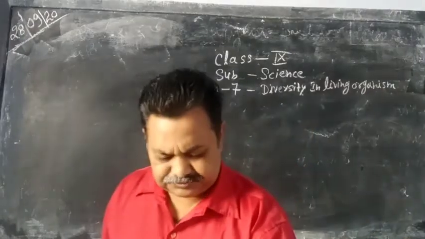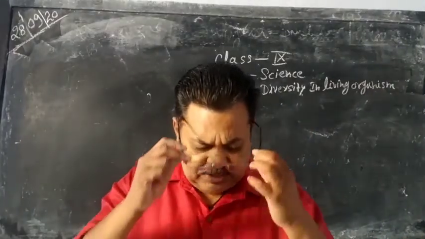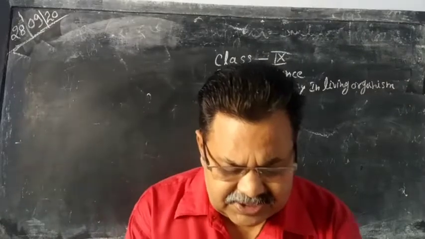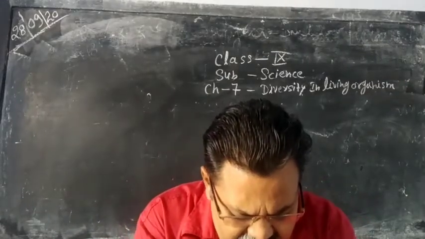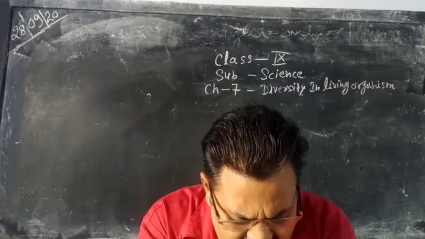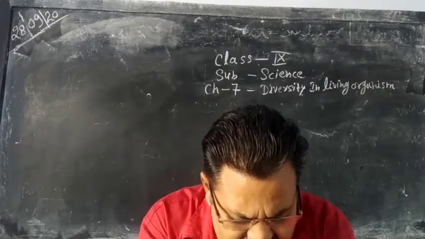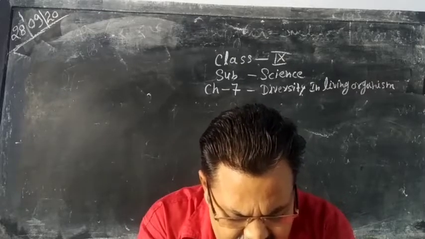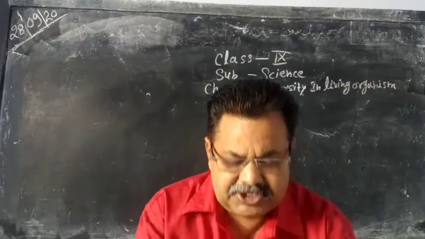First of all, the main basis of classification is their habitat, and the Greek thinker Aristotle classified animals according to their habitat.